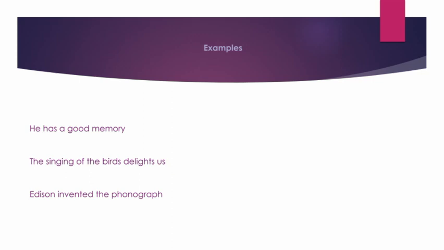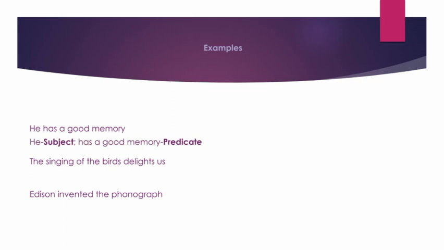As an example, three sentences are given here. You can just see that he has a good memory. The singing of the birds delights us. Edison invented the phonograph. Can you identify the two different parts? What is subject and what is predicate? Look into this.